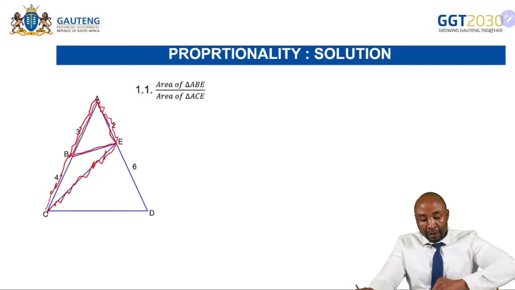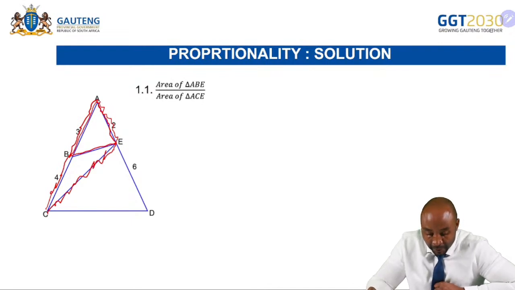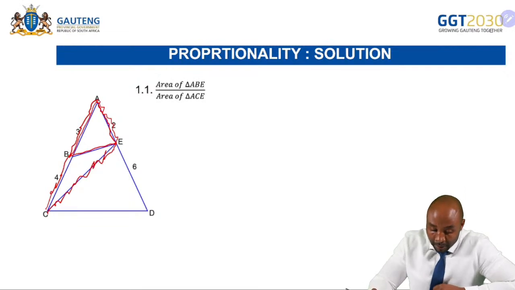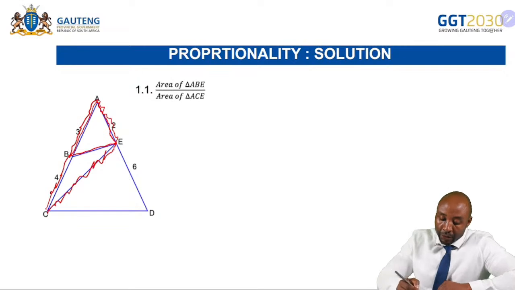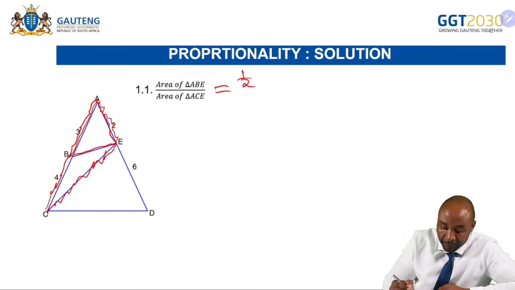Again, what do we realize about the two triangles? They are having a common vertex, which is A. So I can use area equals half.